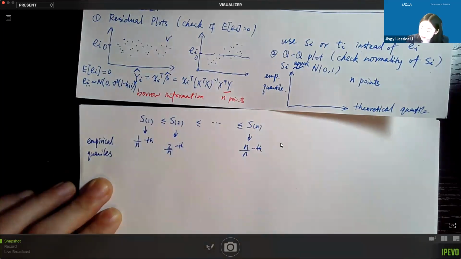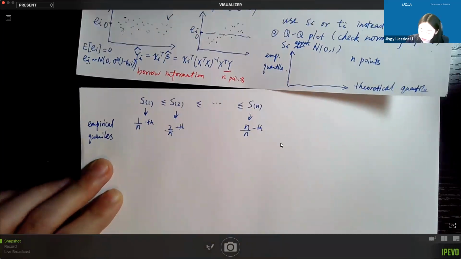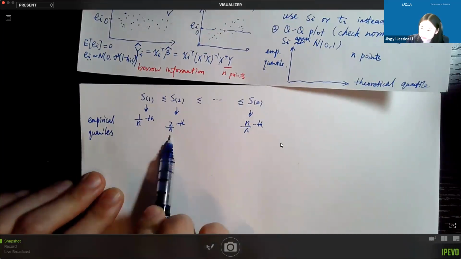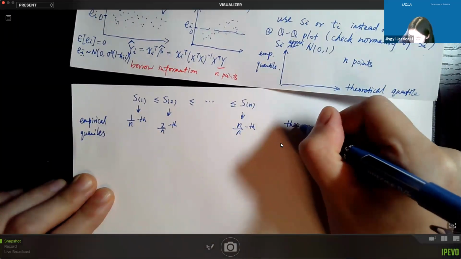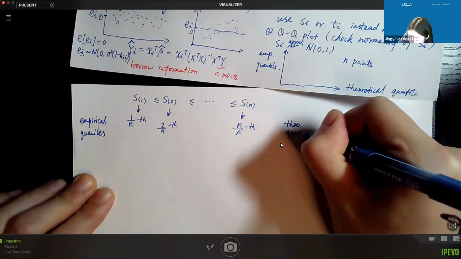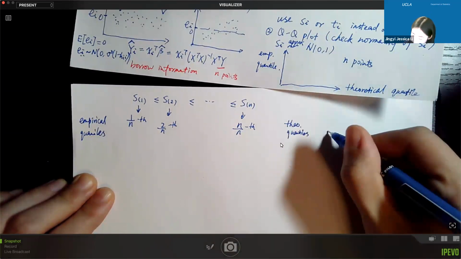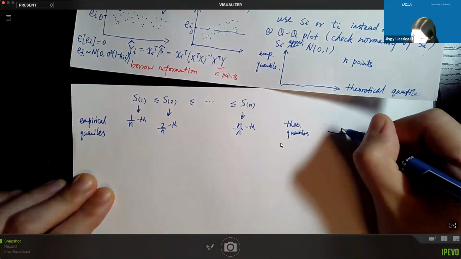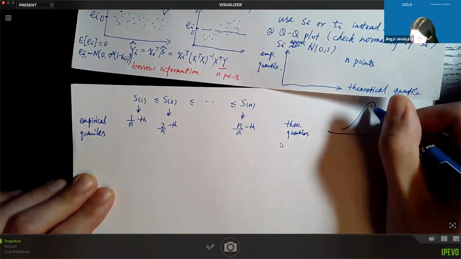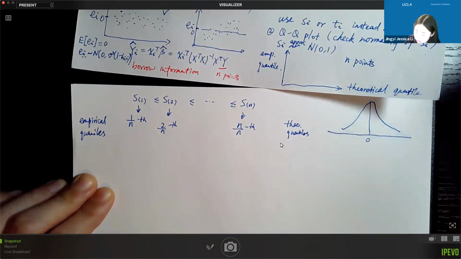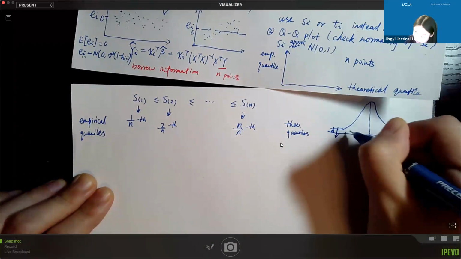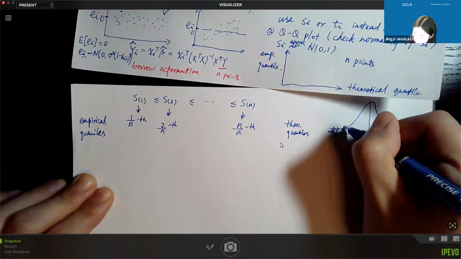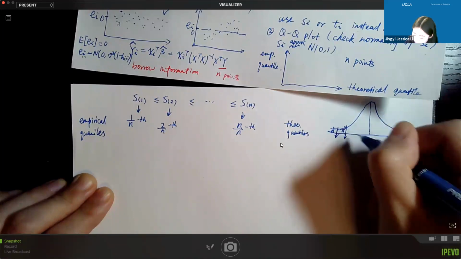Then correspondingly, we should find theoretical quantiles with the matched probabilities. For theoretical quantiles, here we are just using standard normal as the theoretical distribution. Then the quantiles would be, I find 1 over n here and pick the value, and another 1 over n here, pick the value, and so on.